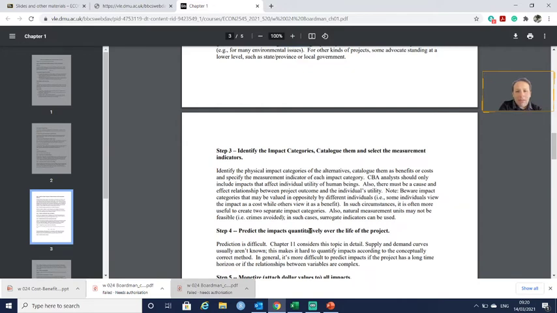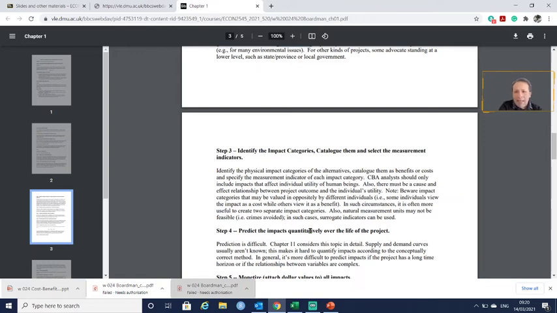These impacts are going to be categorized into benefits and costs, and we need to specify the measurement indicator of each impact category, which is, as you can see, something very difficult and abstract, and subjective, I would say, rather than objective.